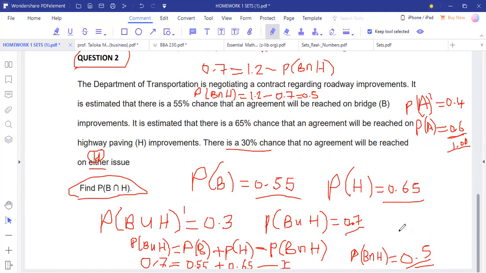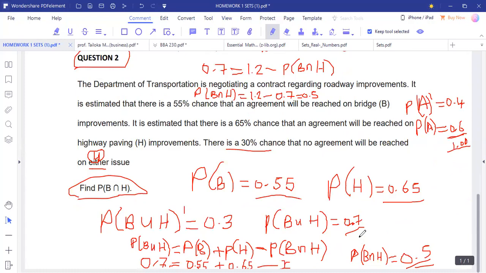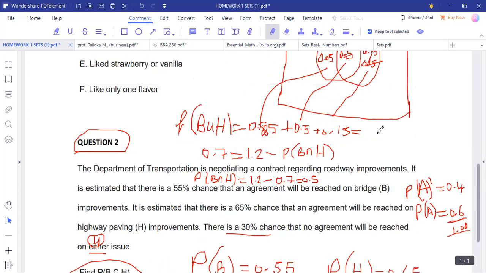Are we together now? Yes. Is everyone able to follow through? So this is where the 0.7 is now, the one I gave you initially for B union H, 0.7, which is the same one we have confirmed here. Is everyone clear?